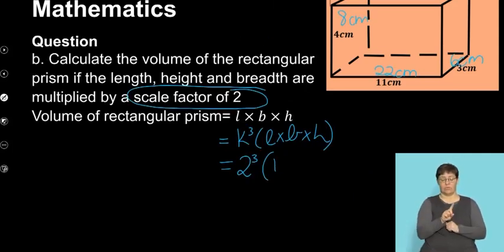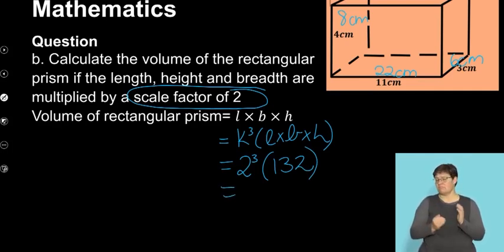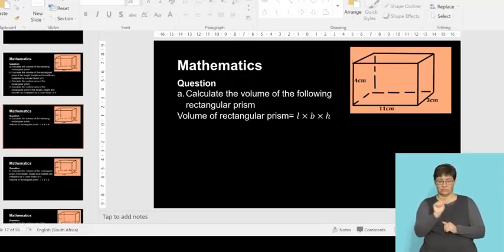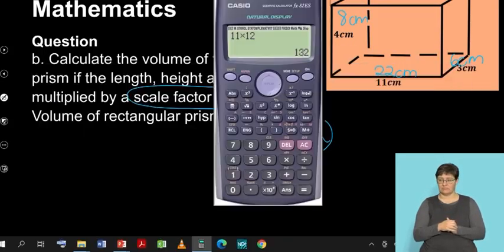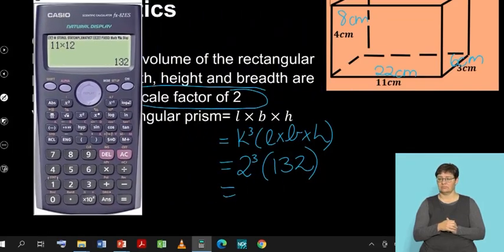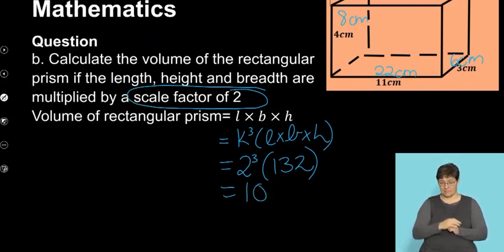So it's going to be 2 cubed times 132, because my scale factor cubed times the volume gives me my new volume. So let's pop that into the calculator. I'm going to have 2 to the power of 3, 2 cubed, multiplied by 132. So my new volume is 1,056 centimeters cubed.